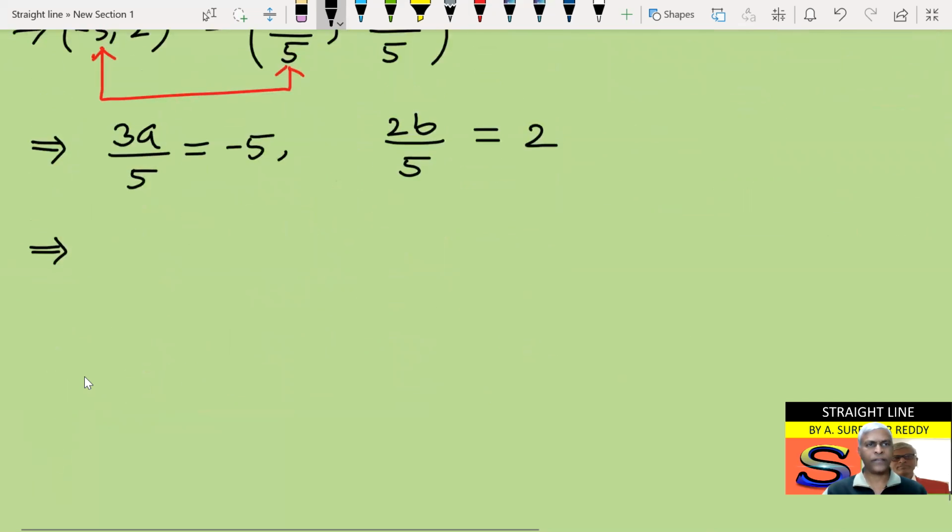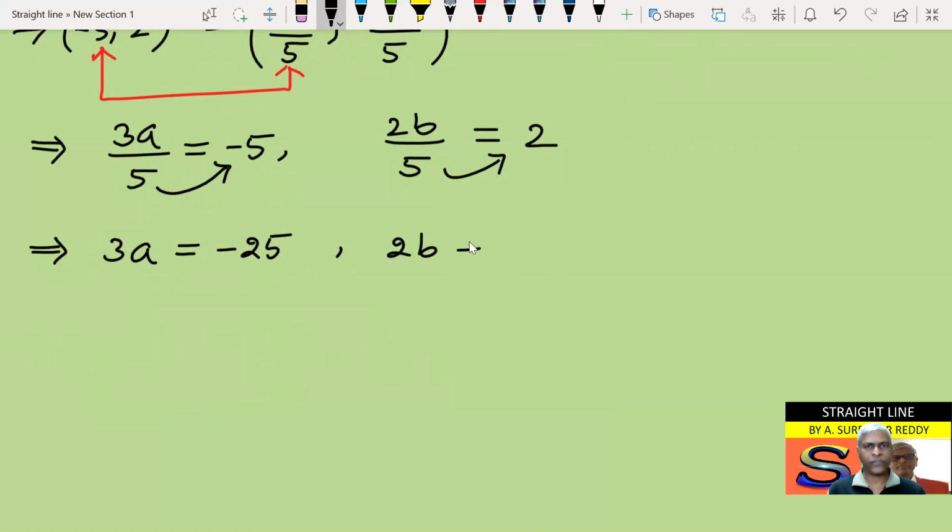Cross multiplying, 3a is equal to -5 into 5, minus 25, and 2b is equal to 5 into 2, 10.